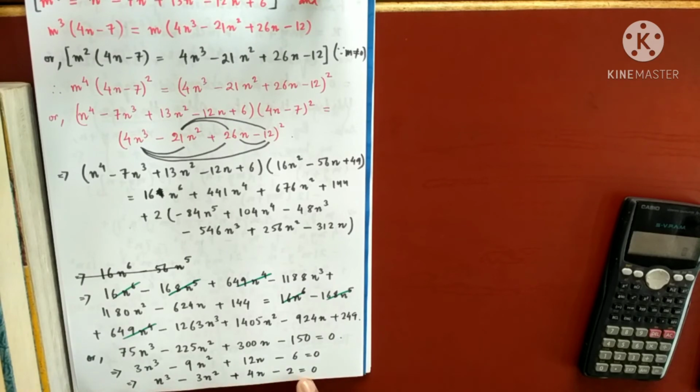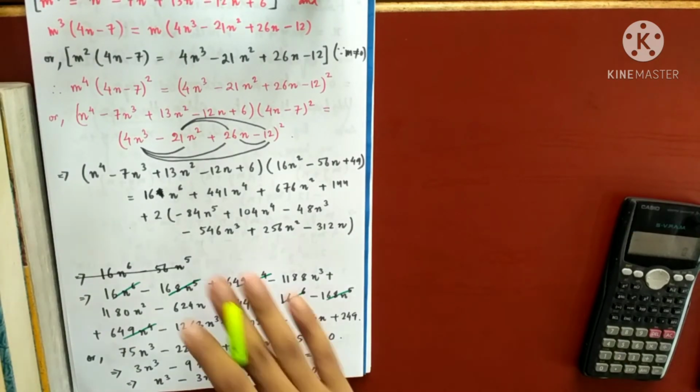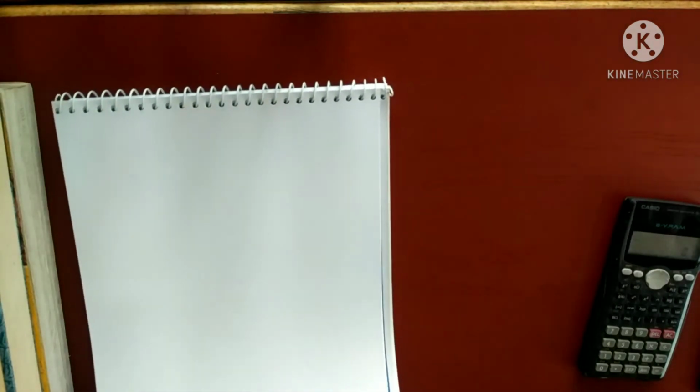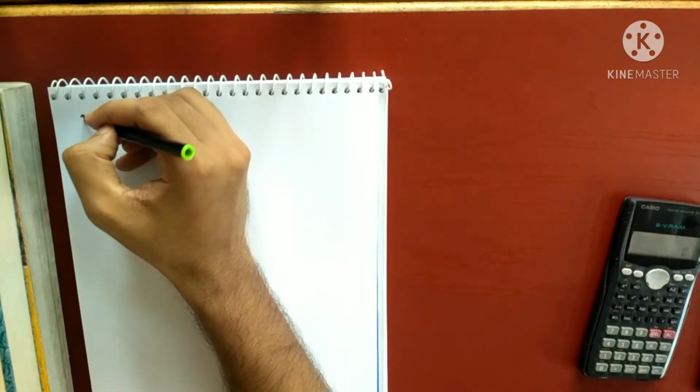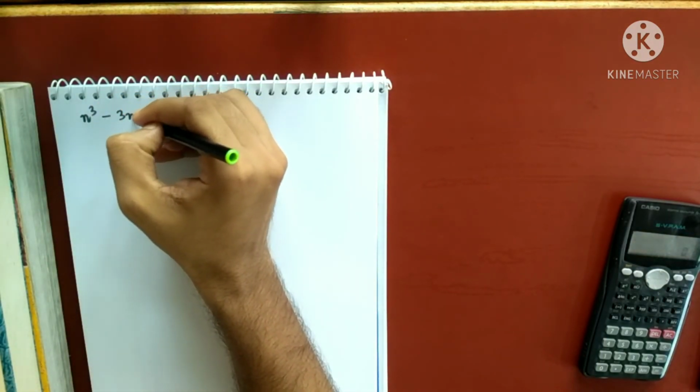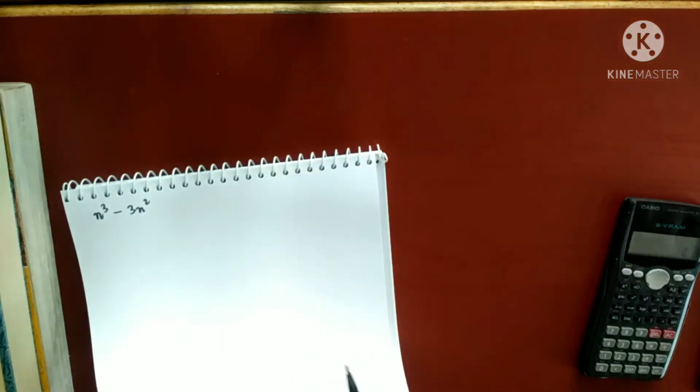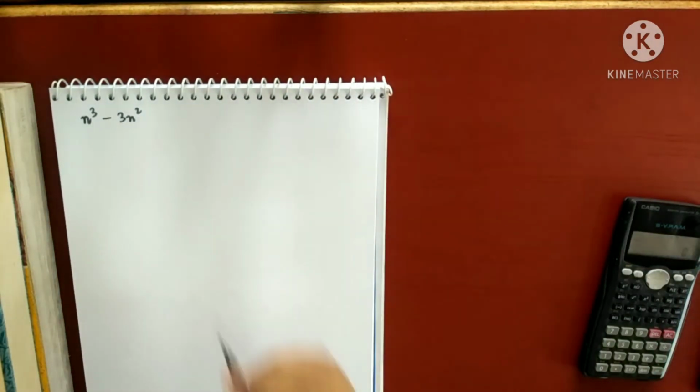So we are getting this equation. With this equation we are supposed to find n. So let me write down the last equation again. So what was the last equation? The last equation is this: n cube minus 3n square I forgot, plus 4n minus 2.